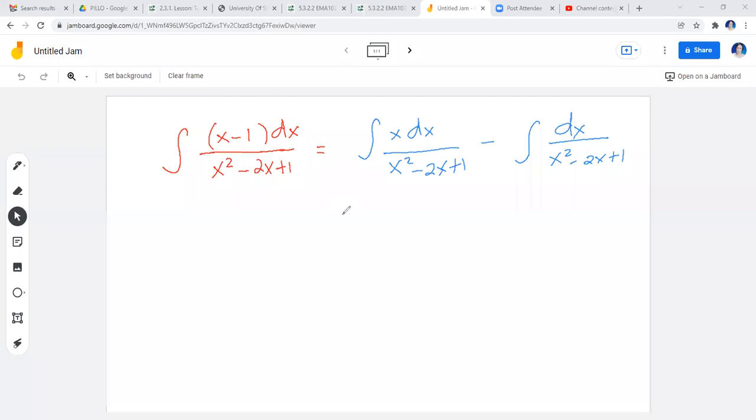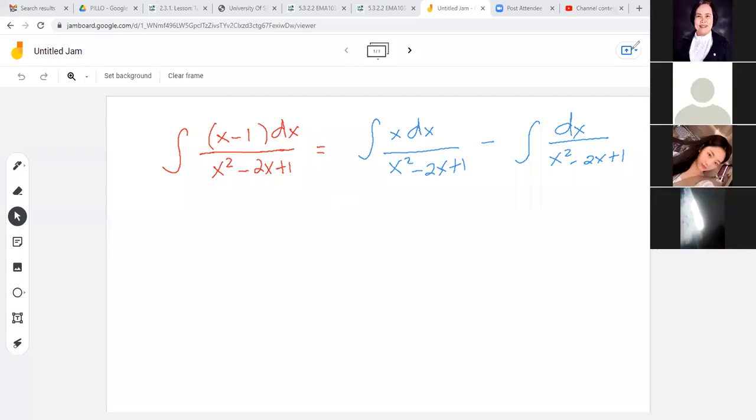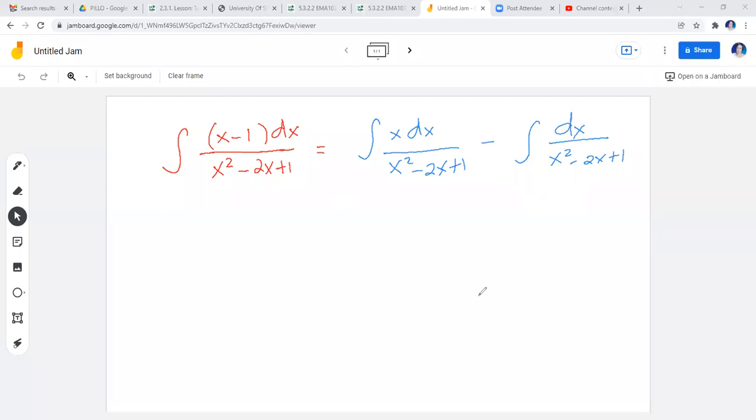I think it's still possible, miss. How? Can this be integrated? I think not, miss.